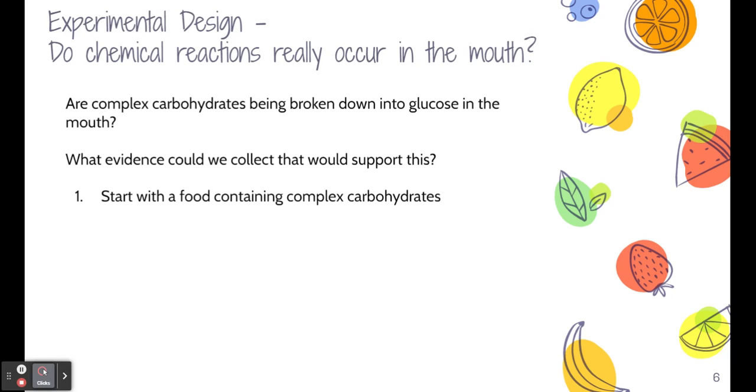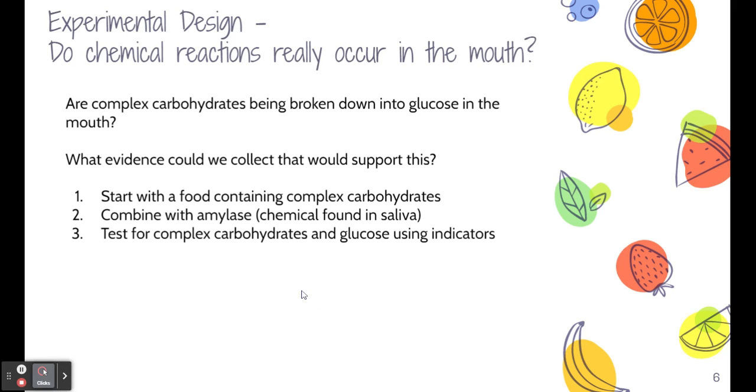We should start with a food containing complex carbohydrates, combine the carbohydrate with amylase, that's that chemical found in saliva, and then test for the presence of complex carbohydrates and glucose using indicators. If I end up with glucose, that tells me my amylase is indeed breaking down my carbohydrates.